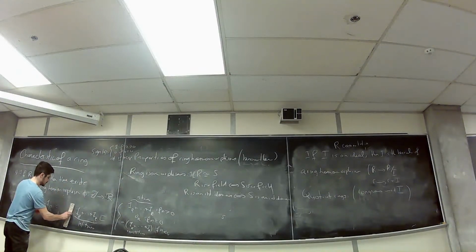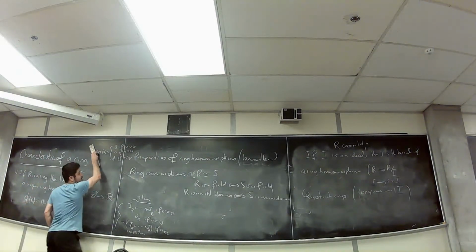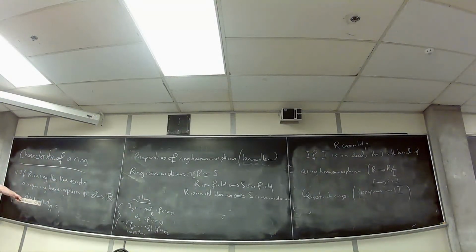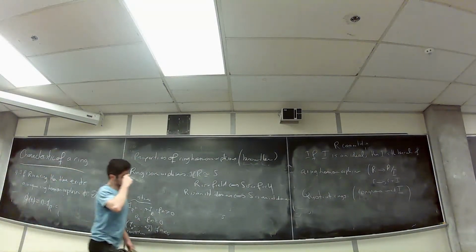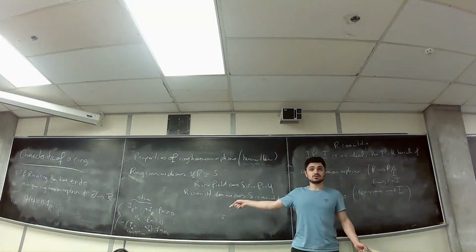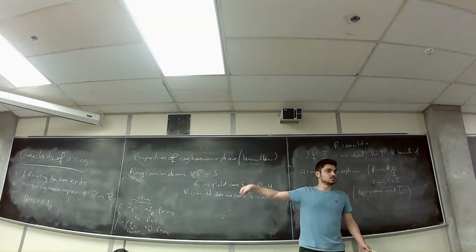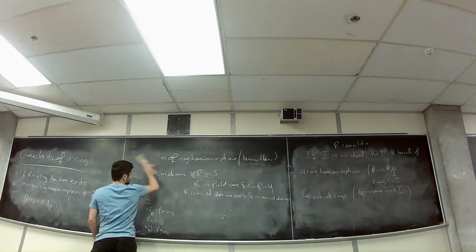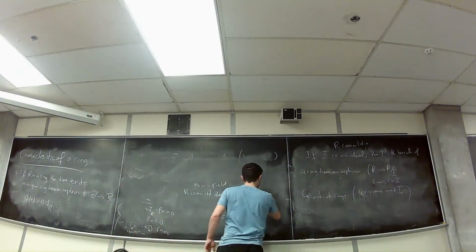Let's pretend that we don't write it. Let's write this one here. Okay, great. This is a homomorphism. This is the unique homomorphism from Z to any ring R. Now, what's the kernel of the homomorphism?